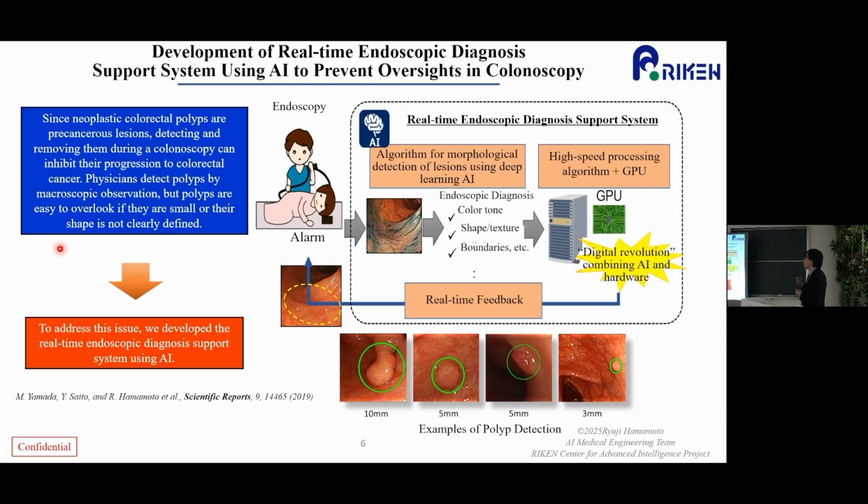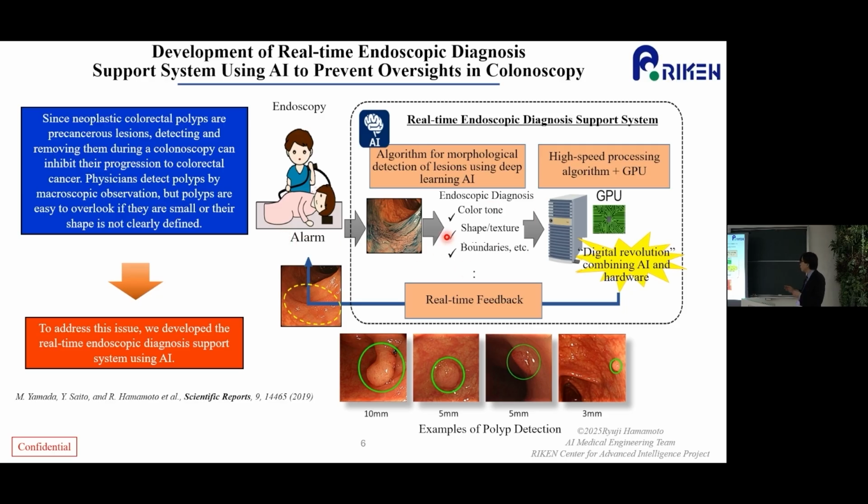Physicians detect polyps by macroscopic observation, but polyps are easy to overlook if they are small or their shape is not clearly defined. To address this issue, we developed the real-time endoscopy diagnostic support system using artificial intelligence.